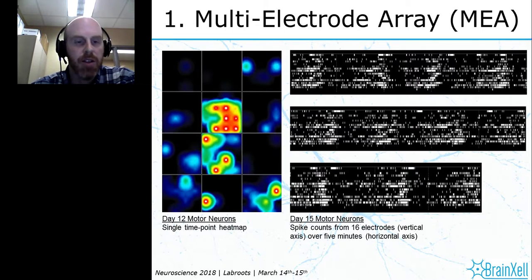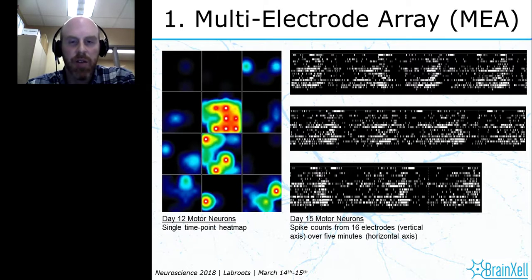This is just a quick single time point heat map from an MEA experiment that we did in-house. And you can see the white spots there are the actual electrodes where there's a high level of activity. And then on the right side of the slide, to give you an idea of what this looks like through time, is a time course of spike trains over 16 electrodes.